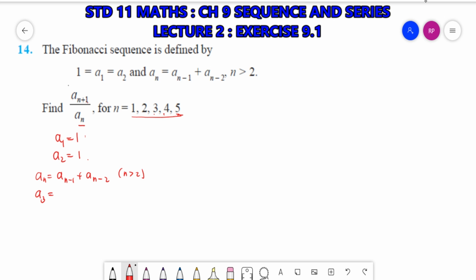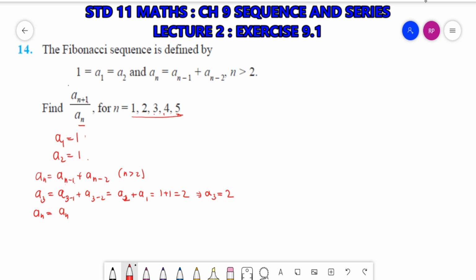A3 is A3 minus 1 plus A3 minus 2, that is A2 plus A1, which is 1 plus 1 equal to 2. So A3 is equal to 2.